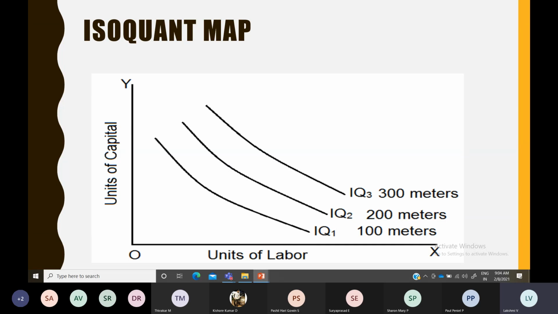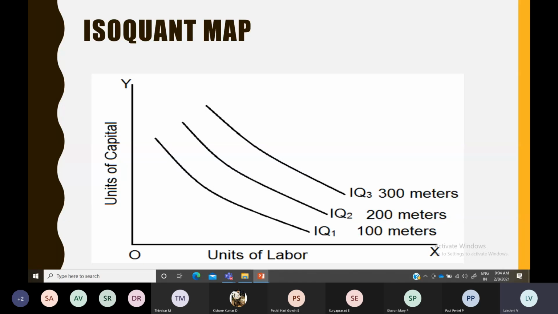The basic difference between the indifference curve and the isoquant curve is that the indifference curve is done with respect to consumers, and the isoquant curve is done with respect to the producer. In the indifference curve, two goods are consumed by the consumer, only two commodities, and how he derives the utility you find out with the help of the indifference curve.